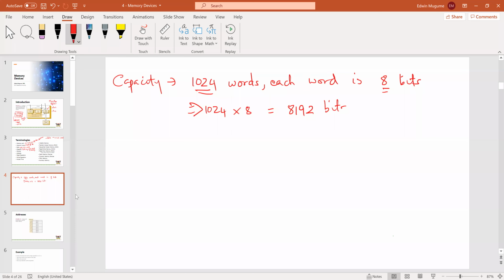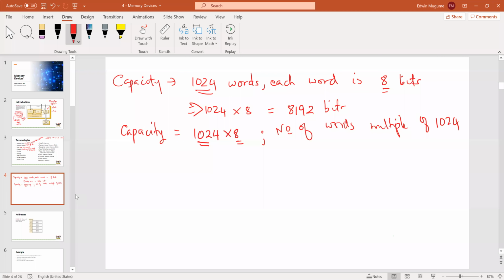Now for a memory like this one, we can write the capacity as 1024 times 8. This just tells you that these are the number of words and those are the number of bits per word. With most memory, the number of words tends to be a multiple of 1024.